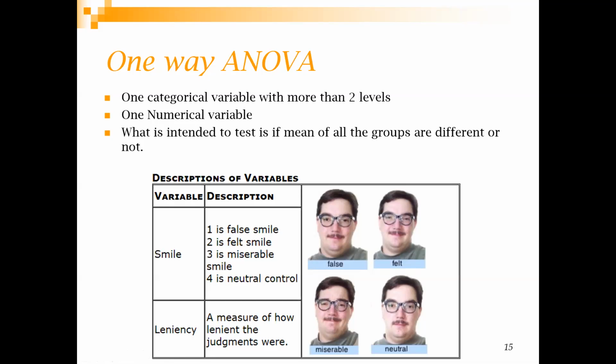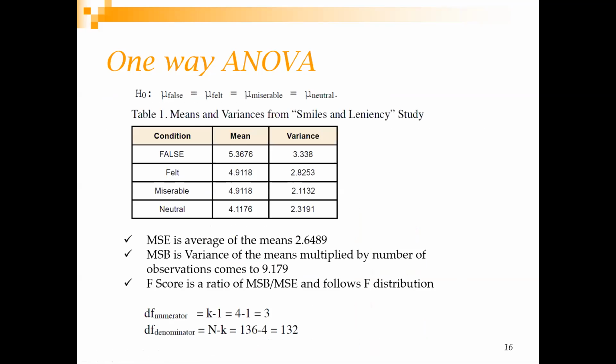That is what the test is about. You can find the data. I'm not going to explain all this again because it is the same thing that we have done. Here the null hypothesis is that the mean of false, mean of failed, mean of miserable and mean of neutral are the same. So that is your null hypothesis.